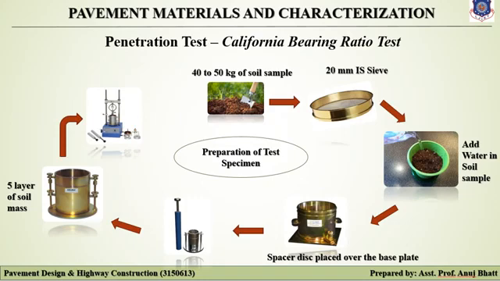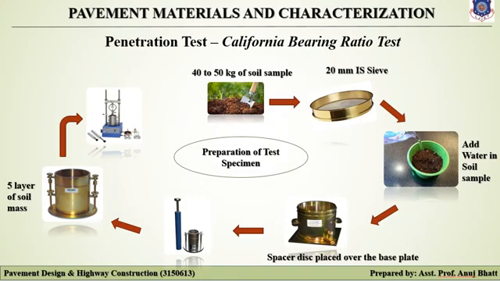The weight of water required to be added to this soil sample to bring the water content to optimum moisture content as obtained from the compaction test. This quantity of water is measured out, sprinkled over the dry soil in the tray and is thoroughly mixed.